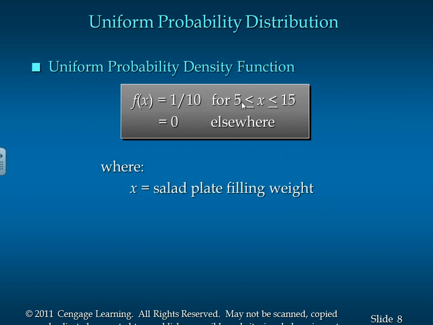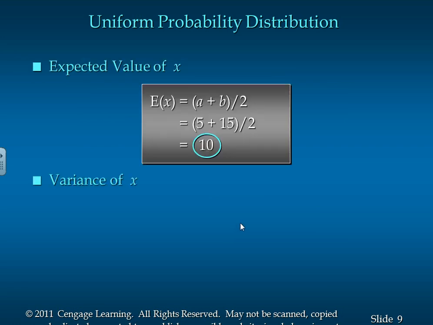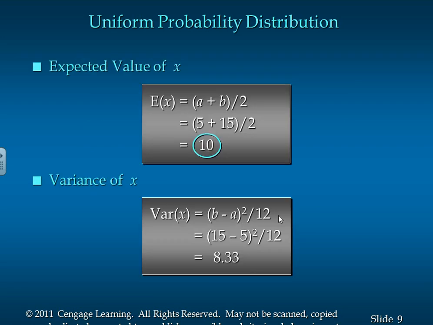Somewhere between 5 and 15, so the probability is 1/10. Expected value, 10. Variance, 8.33. So the variance is based on subtracting the two, yeah, the two ends of the probability.